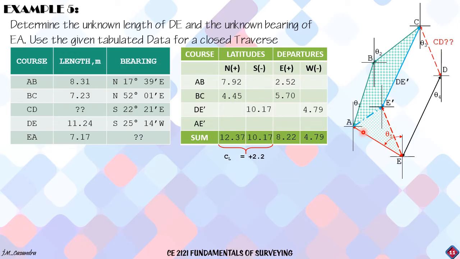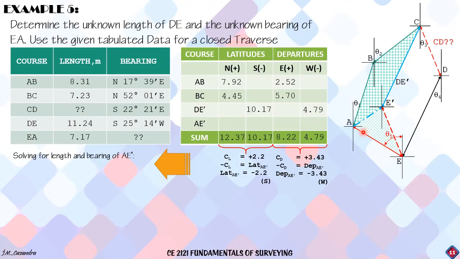For latitudes, the latitude of AE prime is negative 2.2, or a southing. And then for the departure, we will have positive 3.43. So therefore, the departure of line AE prime is negative 3.43, which is a westing.